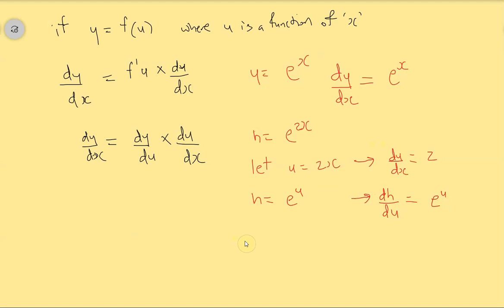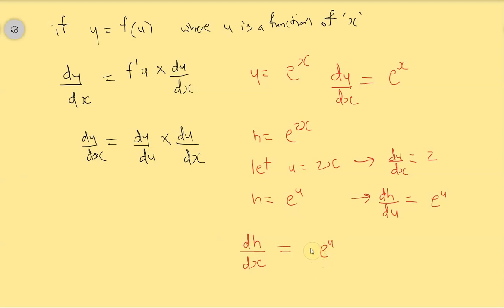Now the chain rule states that dh dx should be equal to dh du, which is e to the u, multiplied by du dx.